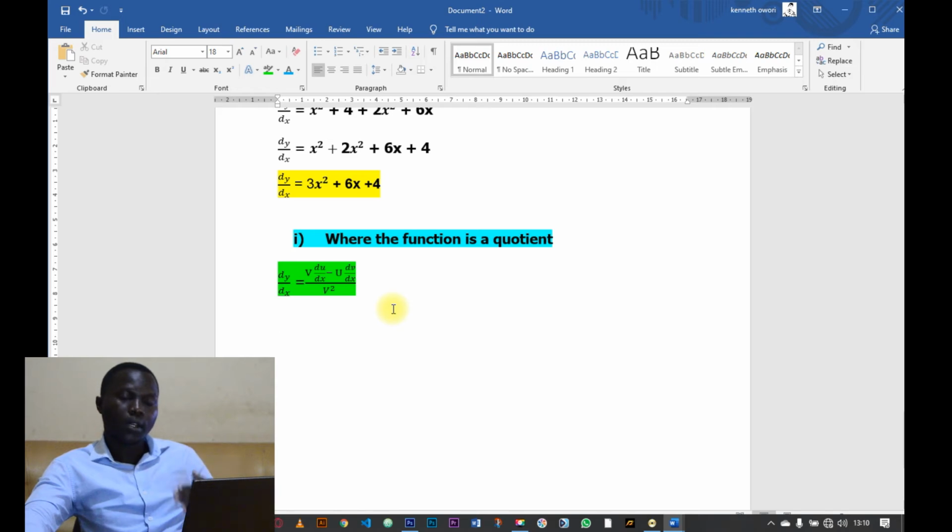So whenever we are differentiating a fraction of expressions, we use the quotient rule to find the derivative.